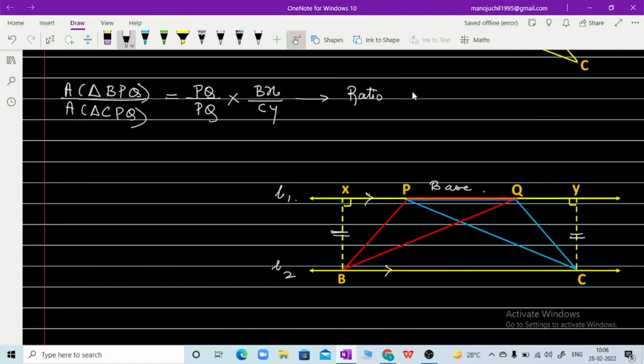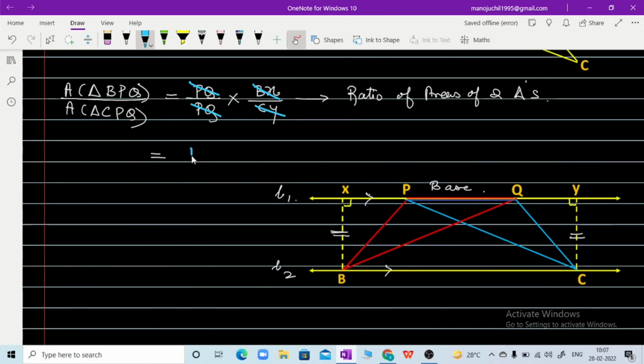This is the ratio of areas of two triangles. But children, just see, your bases are equal, and even the heights are equal. But why are the heights equal? Because that's the distance between the two parallel lines. So in this case, we can cancel PQ and PQ, and even BX and CY.